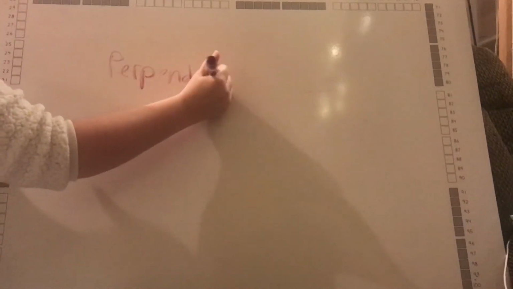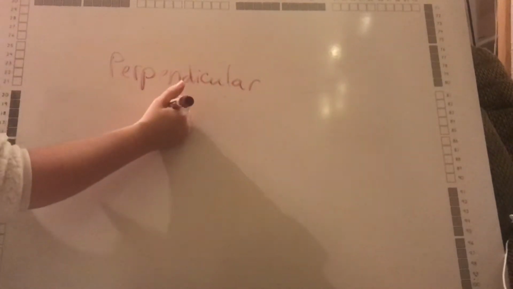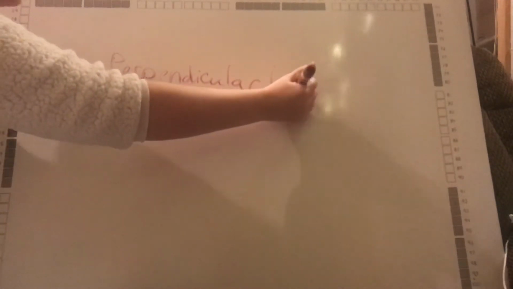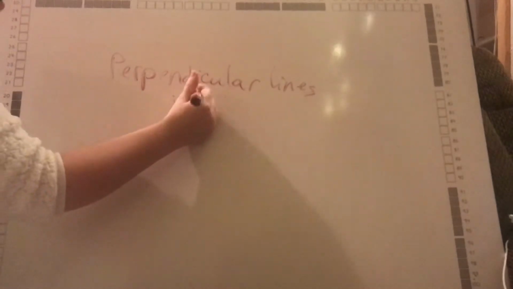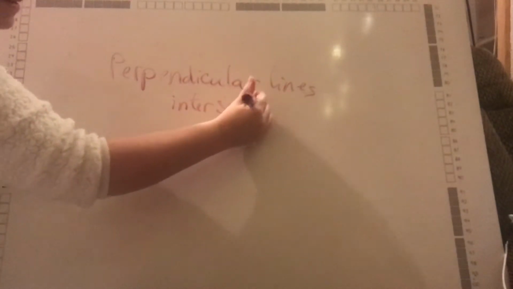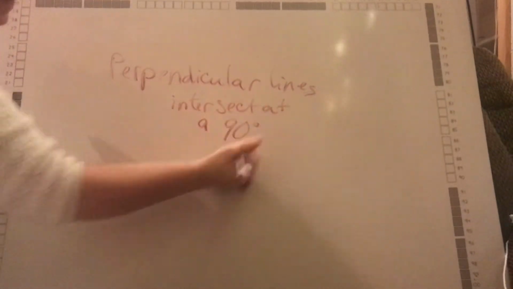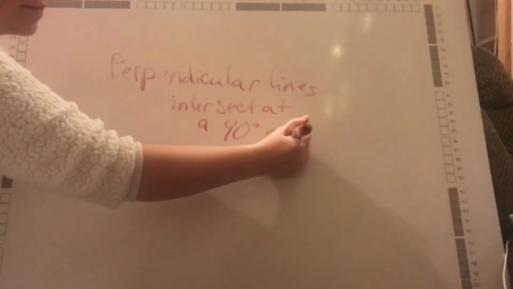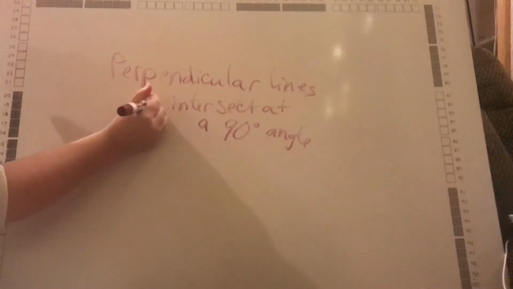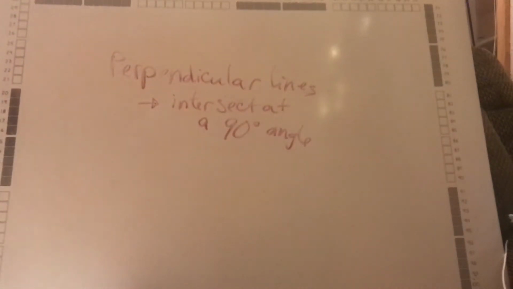Perpendicular lines, which are lines that measure 90 degrees when they intersect. So perpendicular, so they intersect at a 90-degree angle.